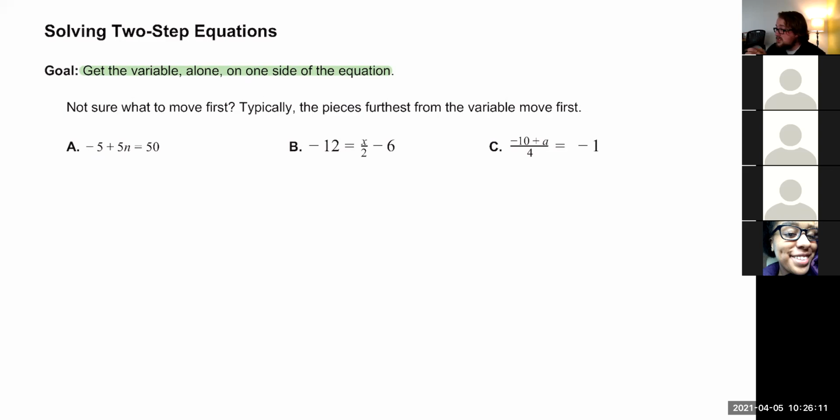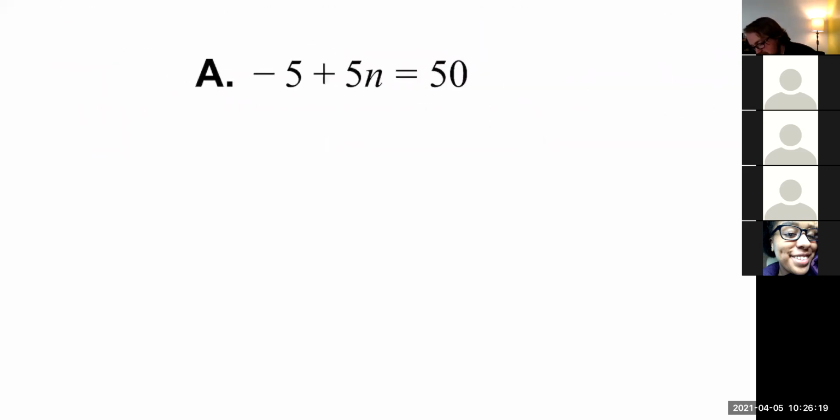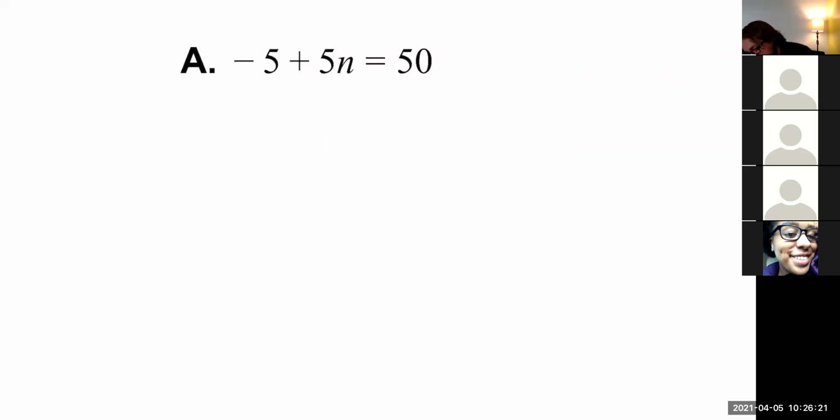And whatever is closest is going to be the last thing that I can move. Now, I'm a creature of habit, and I like to try to develop positive habits. So again, I don't want my equal sign to move here. I want to be able to track what's on the left, what's on the right, and if anything moves, I'm also tracking how.